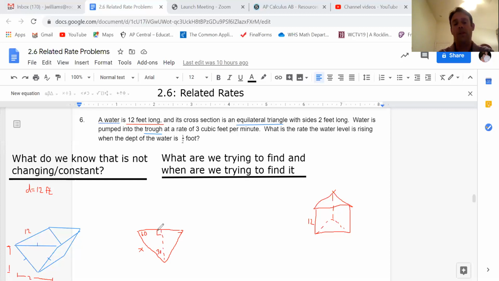If the whole thing is x, and we split it in half, that makes this side right here x divided by 2, and this one x root 3 divided by 2.